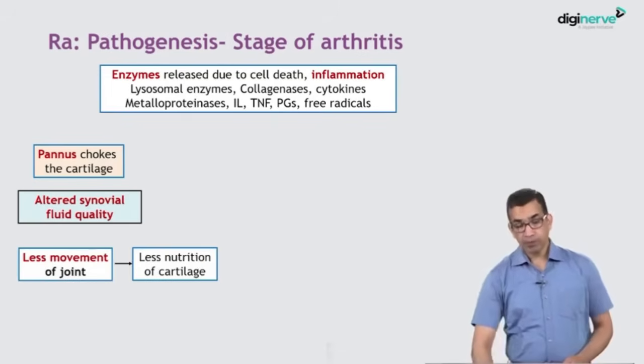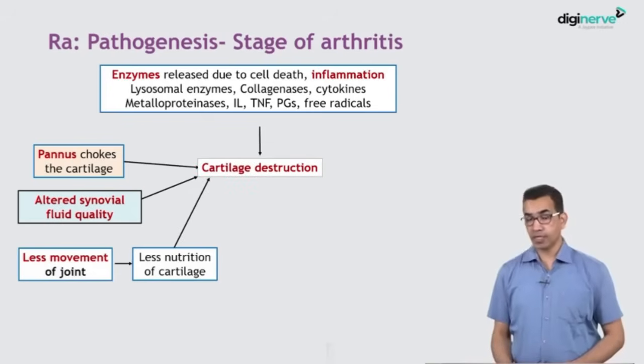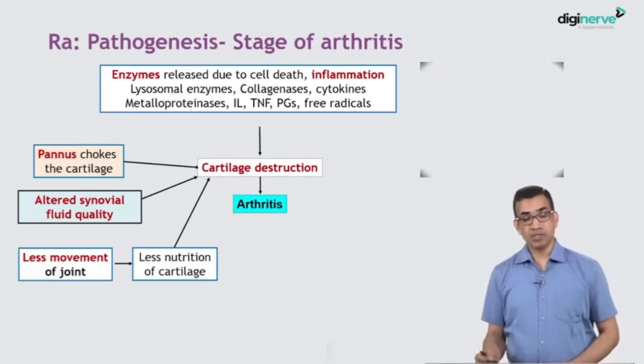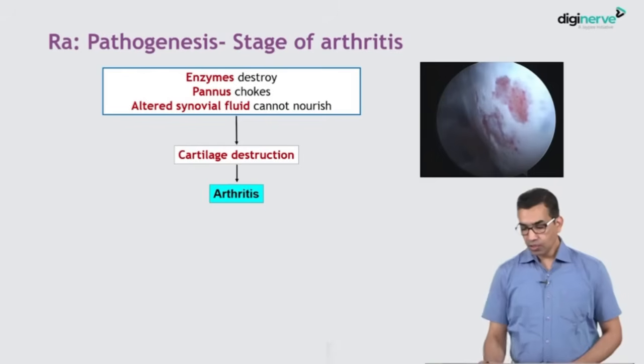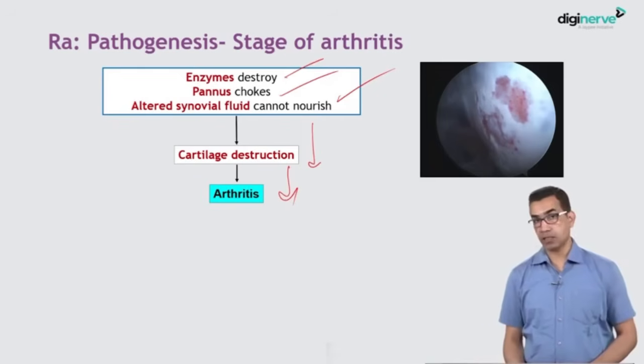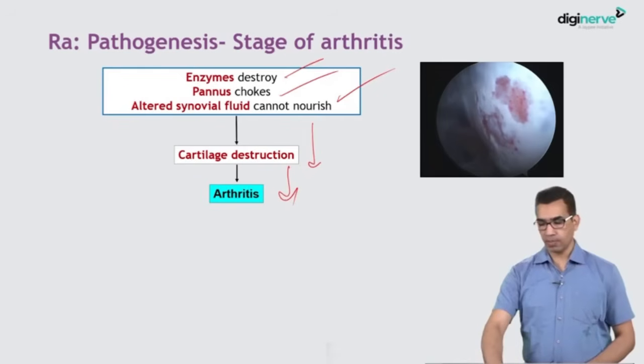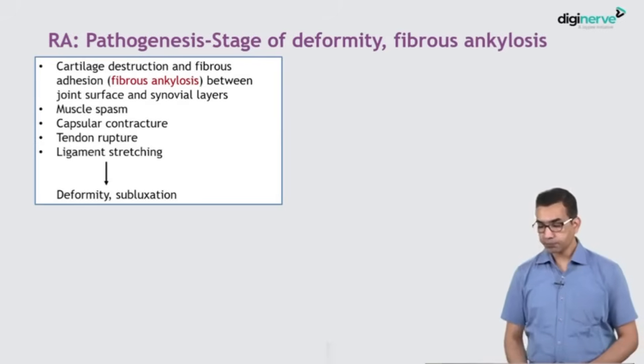They all, along with the lesser movement of the joint, cause the cartilage destruction, which causes the arthritis. So at the end, you can say enzymes destroy, pannus chokes and altered synovial fluid cannot nourish. This causes cartilage destruction followed by arthritis. This is a very simple chart to remember. If you can't remember anything else, at least remember this one.